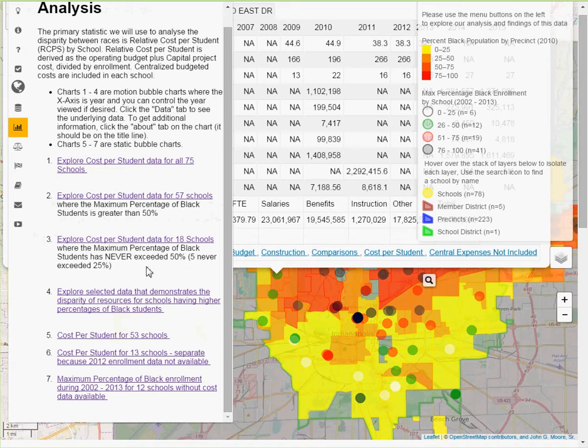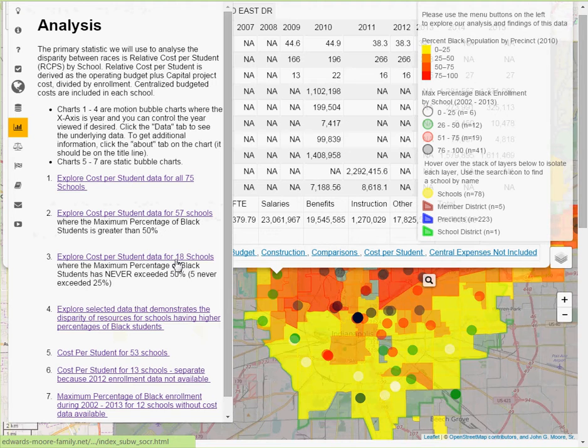So in this example, because we're recording the stream, I'll go to this third one because it only has 18 schools in it, and give you a little bit of an overview of how these charts work and what they do, and to some degree how to interpret them.